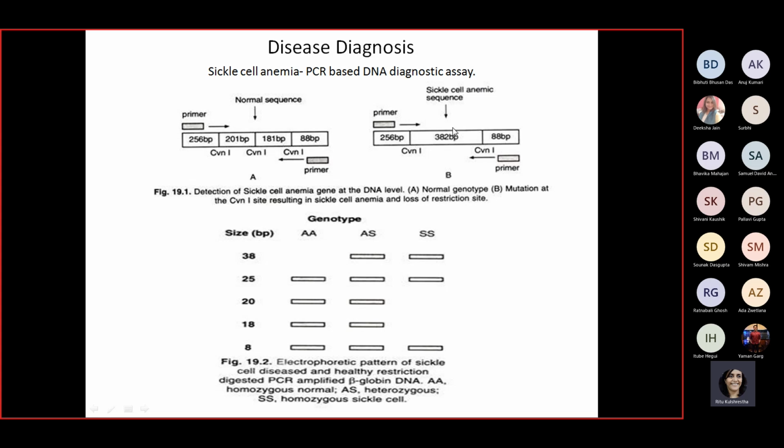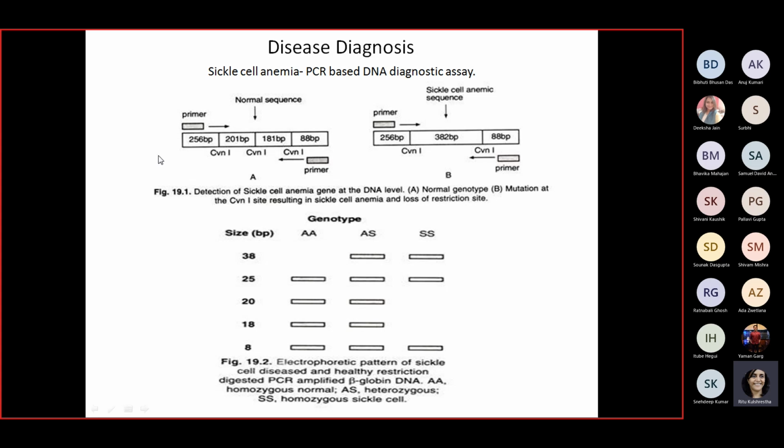So in this case, ideally we should see 3 bands. If you have to diagnose how many of the people who have come to the clinic have sickle cell anemia, how many are carriers, and how many have a completely normal phenotype, with both wild type alleles, then how do you do it?